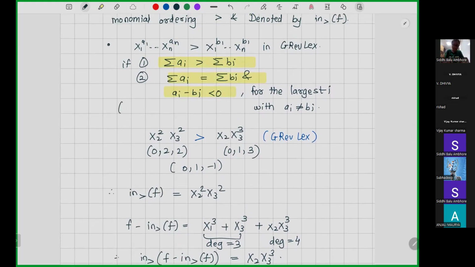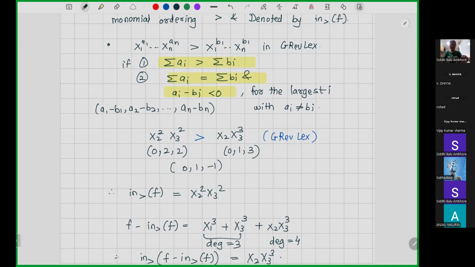It means that when I take this vector, we check where the largest index is non-zero, and at that largest index, when ai minus bi is negative, then the monomial with exponents from ai is greater than the monomial with exponents bi.